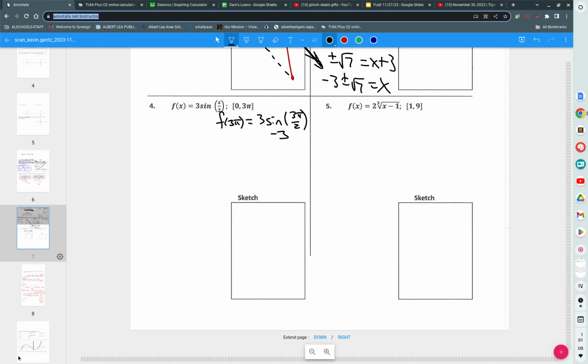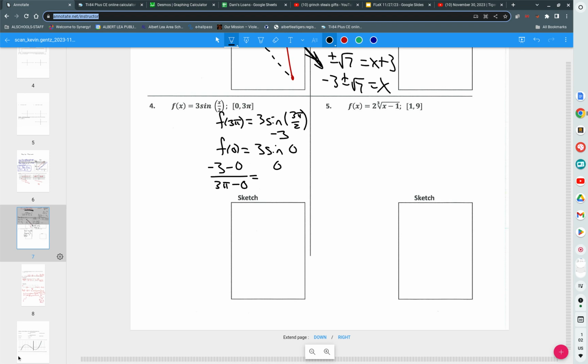That is the value of f of 3 pi. Then I plug in 0, f of 0. When I do that, I get 3 times the sine of 0. What is the sine of 0? It is 0. So notice as we subtract these, we have negative 3 minus 0 over 3 pi minus 0.